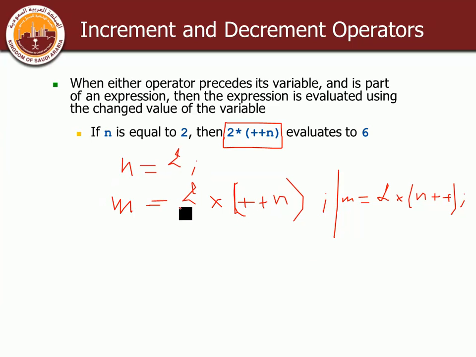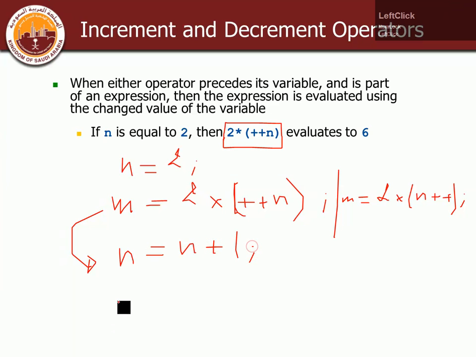Okay, this means there are 2 instructions: add 1 to n, and multiply whatever is n by 2 and put it in m. The same thing here. There are 2 instructions. However, the order is different. When I'm putting plus plus n, it means that the first thing I do, n equals n plus 1.